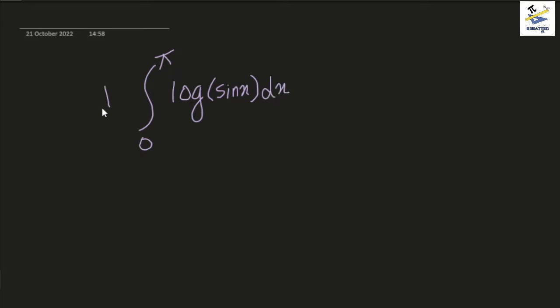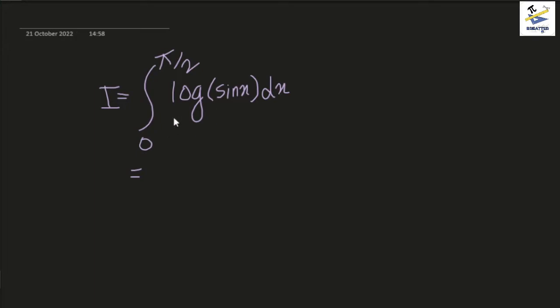So our integral I is the integral from 0 to pi of log of sine x dx, and we want to see if this function makes sense. Actually we want to integrate from 0 to pi by 2 because that is a better version of it, because from 0 to pi that can also be translated into 0 to pi by 2. That is a property we haven't learned yet, but we will learn it soon.